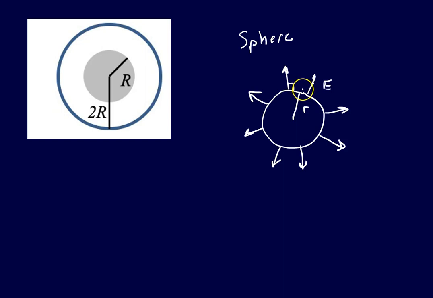You can argue this to yourself in a couple of different ways. If we make this Gaussian surface around some sphere that's uniformly charged, like this one, then first of all, there's no reason the electric field here should be any different from the electric field over here.